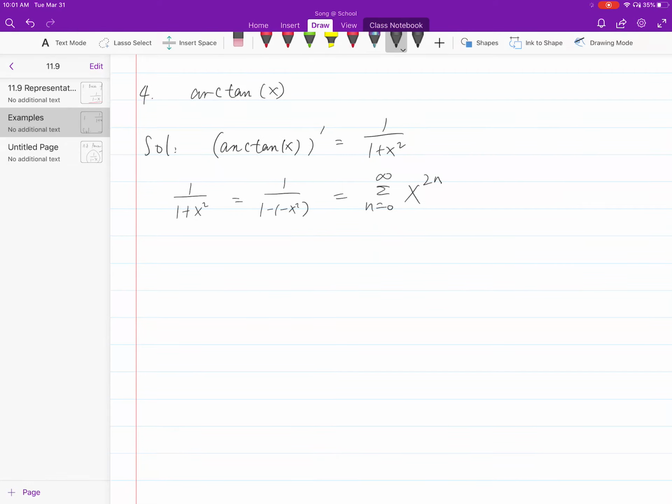Okay, now the power series of this one is the derivative of arctangent. How to find the power series of the arctangent? Now you just need to take the integral of this one. But this one has a power series.